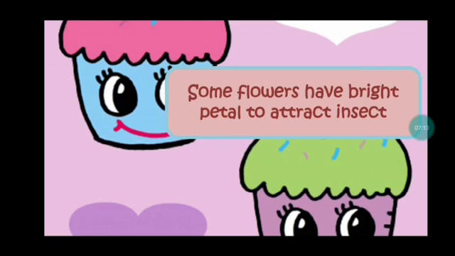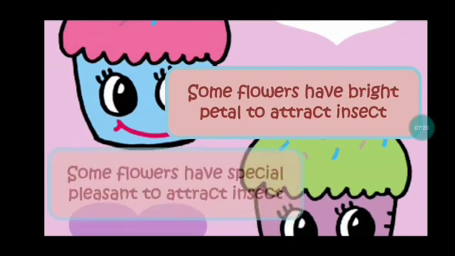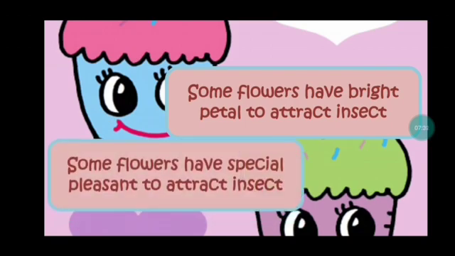What for do insects come to the flower? Insects come to the flower to help the flower make a new plant. For the explanation in detail, we will study it when we talk about the life cycle. Not now, okay. And then some flowers have special smells. Jadi tidak hanya bright petal. So how about the flowers that do not have bright petals?